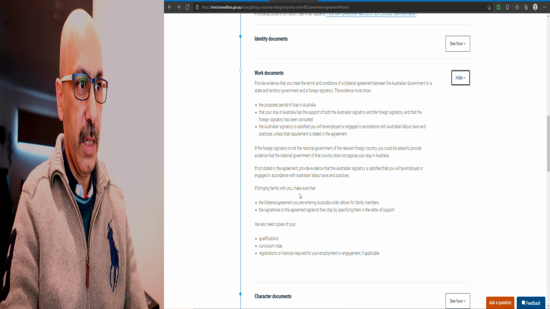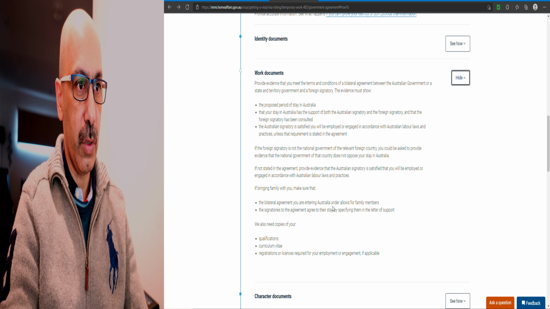If bringing family with you, make sure the bilateral agreement you are entering Australia under allows family members too. The signatories to the agreement agree to their stay by specifying them in the letter of support.